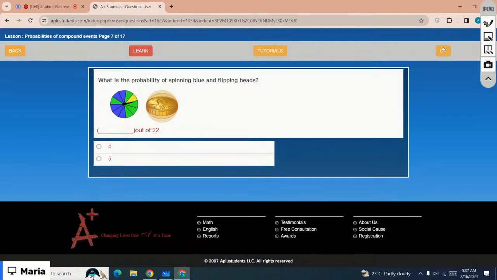That is 5 out of 22, not 4, right? Because you have 5 portions that are blue and the coin is 1 by 2, so that is 5 out of 22.